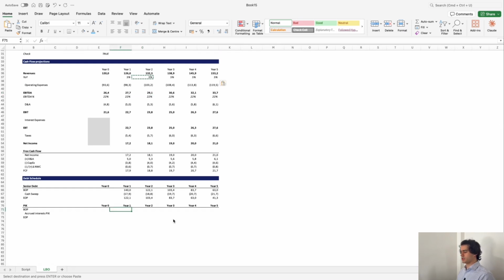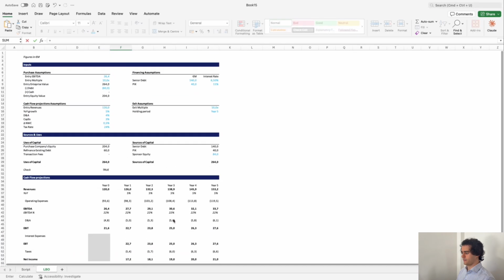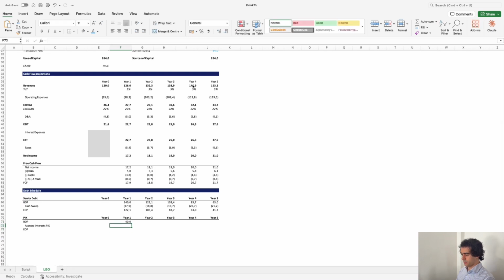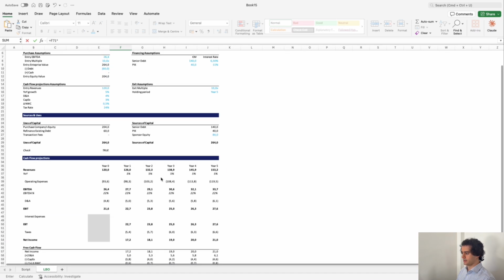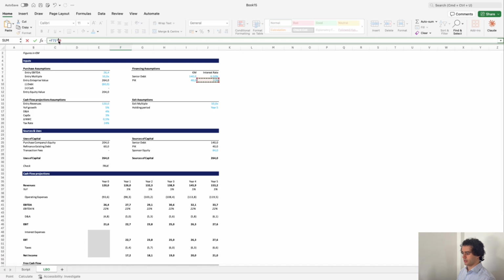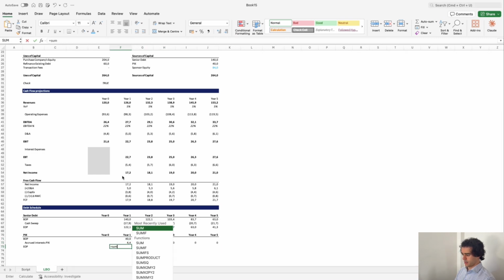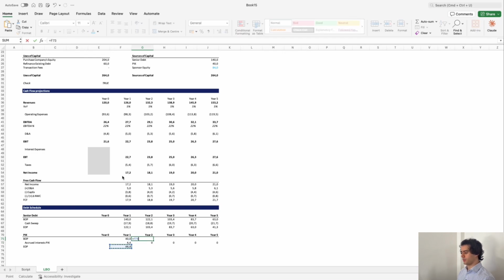And so now we can do the same for our PIK. And so we have 40 million euros of PIK. Also, this PIK will accrue every single year. And so we will have that the interest is calculated every year. We have the sum at the end of period, and the beginning of period of year 2 will be the end of period of year 1.